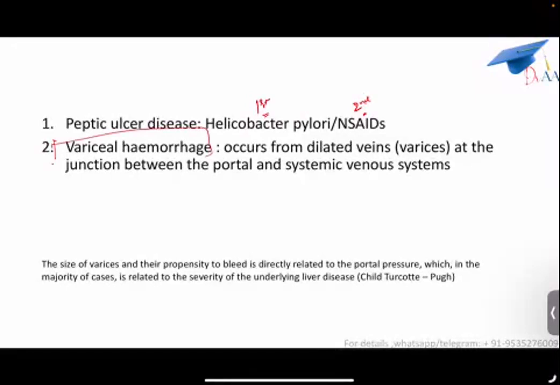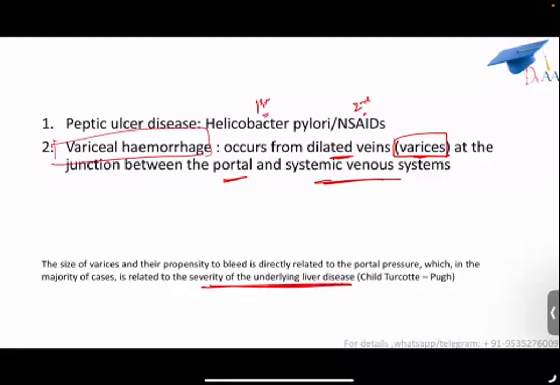Variceal hemorrhage. What happens whenever there is chronic liver disease? The junction between the portal and systemic venous system is where varices form. Those veins get dilated because there is a lot of pressure in this junction, which is known as portal hypertension, leading to dilatation of these veins, known as varices. Varices directly correlate with the severity of the underlying liver disease.